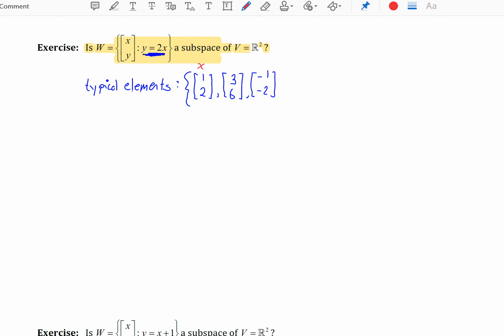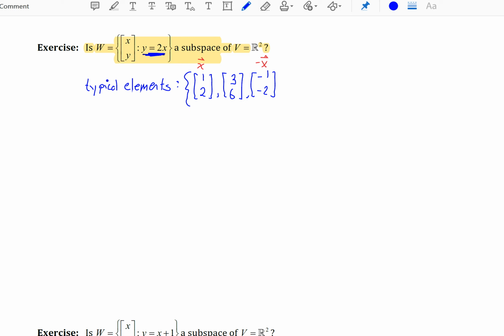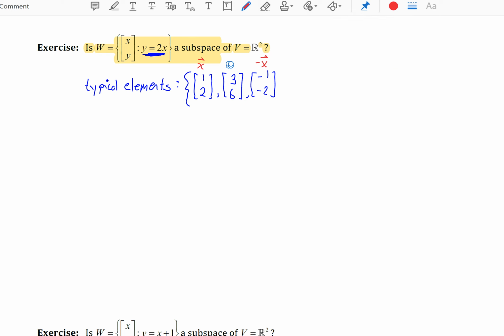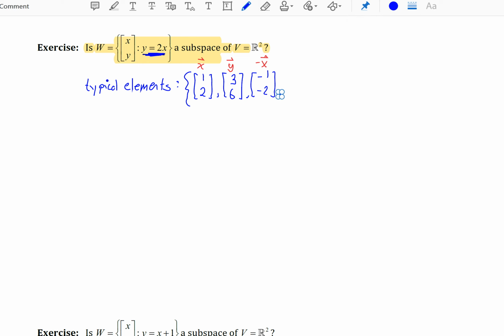If x is in here, this is -x. And that's still in our space. If you took 2 vectors and added them together, would you still stay in your space? So let's say if this is y, and if you added x plus y together, then that would be 4, 8.